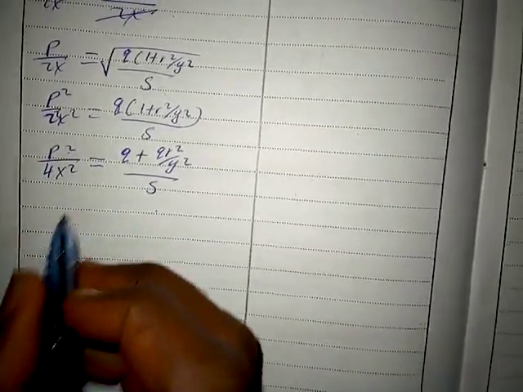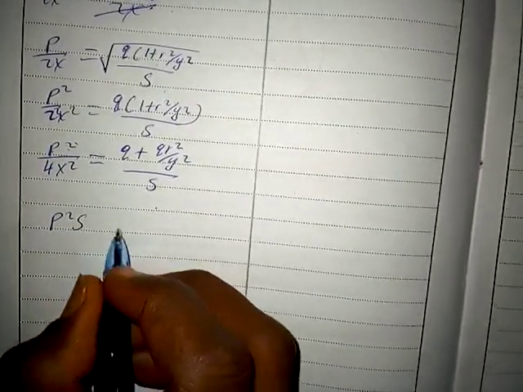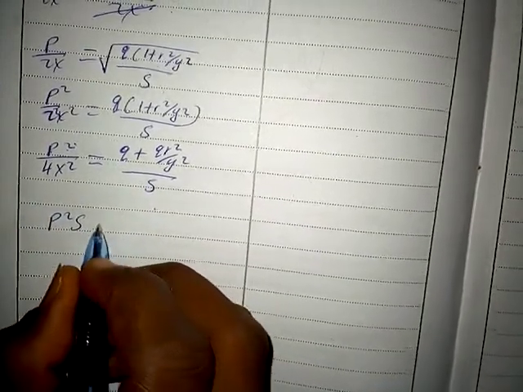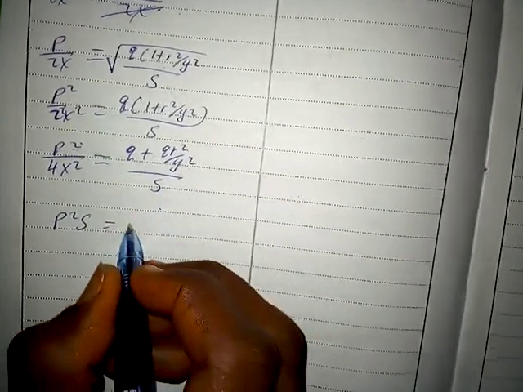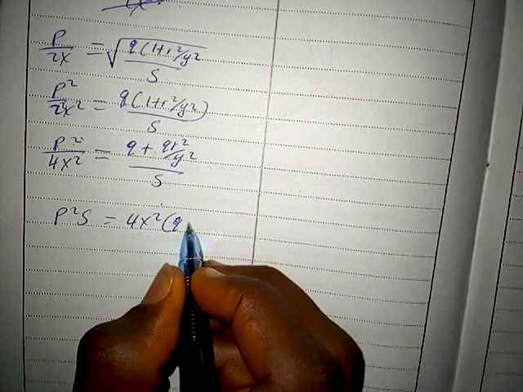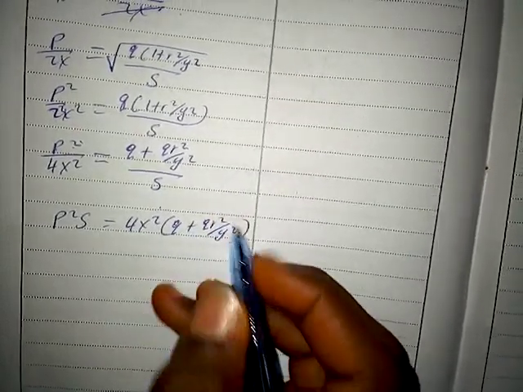We cross multiply. So p square times s is p square s. Here again we cross multiply: 4x square multiplied by q plus qr square upon y square.